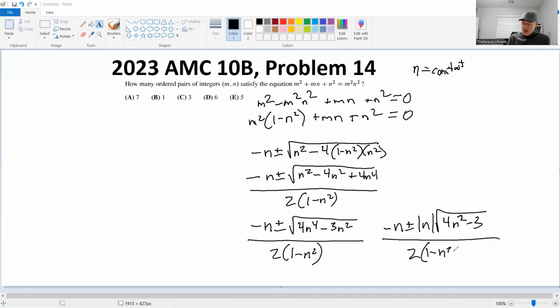The goal here is that if m is going to be an integer, because we want integer solutions, ordered pairs of integers (m, n), then the discriminant has to equal a perfect square when n is an integer simultaneously. So what we're saying is that 4n squared minus 3 equals a perfect square. I'll just draw a square to represent a perfect square. In fact, a perfect square minus 3 needs to equal a perfect square.